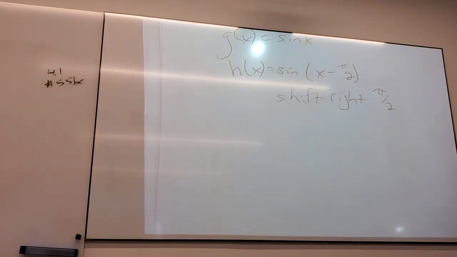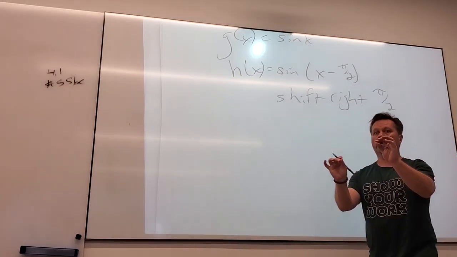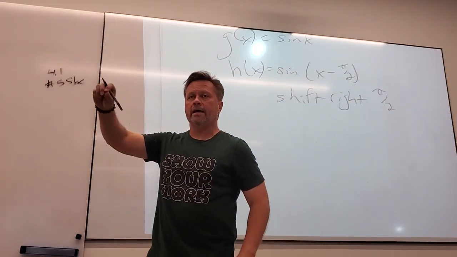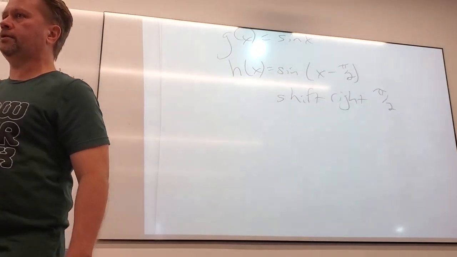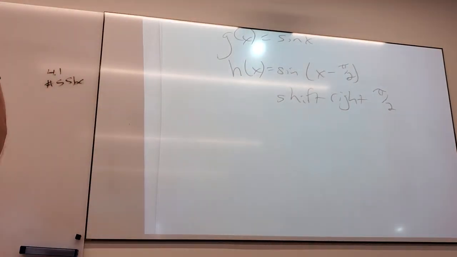But it would so desperately suck if I had to apply each shift to the picture. There must be some shortcuts we can take, and there are. But I wanted last time just to remind you about transformations, about what they did, so the shortcut would make more sense. We're just shortcutting applying every single transformation.